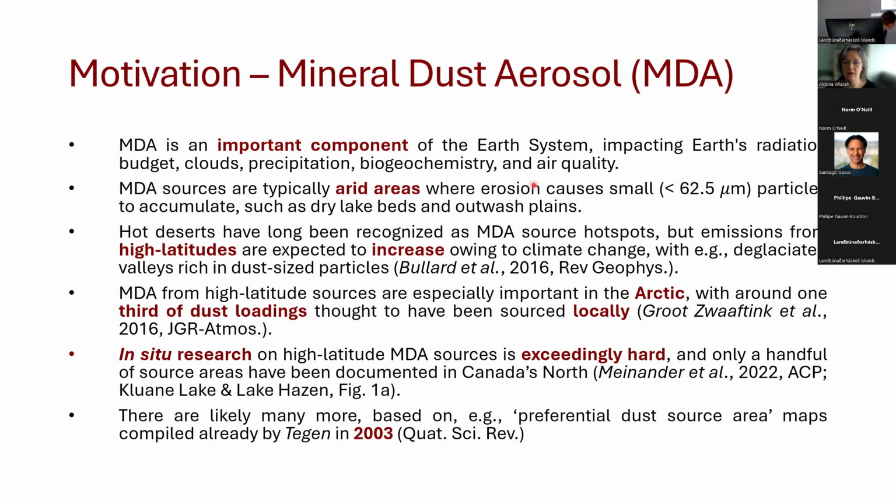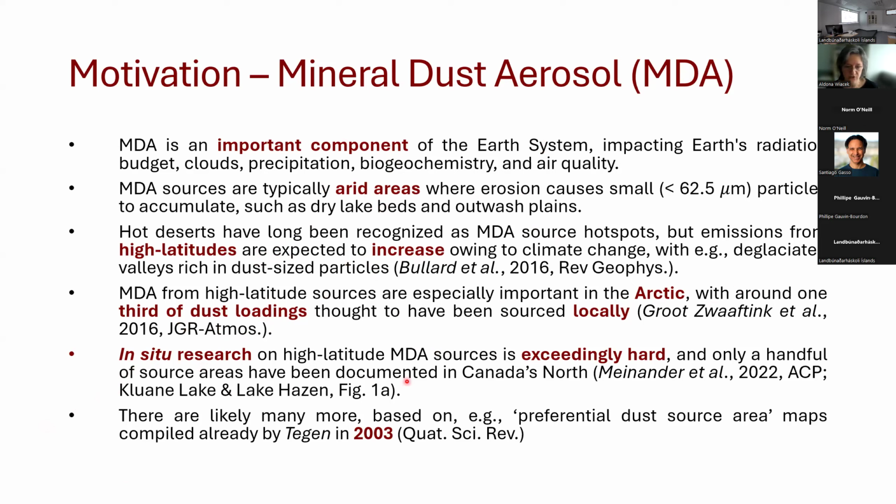Not to take too much time with the introduction, we know dust is important, comes from dry areas, it might be increasing, and it could be a third of the dust loadings in the Arctic, so important locally. In situ research is exceedingly hard in the Arctic.